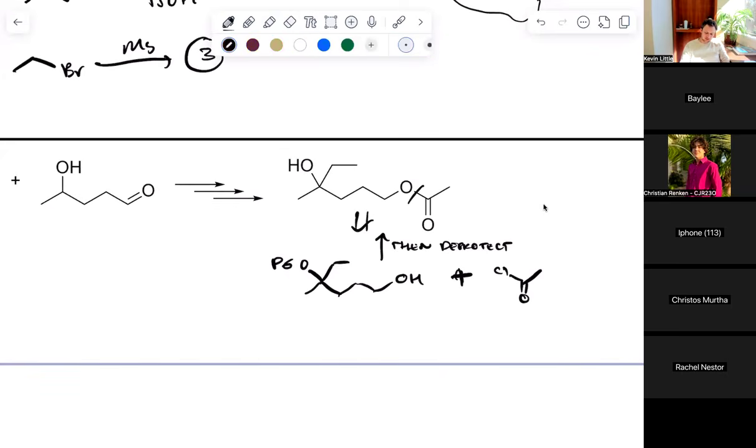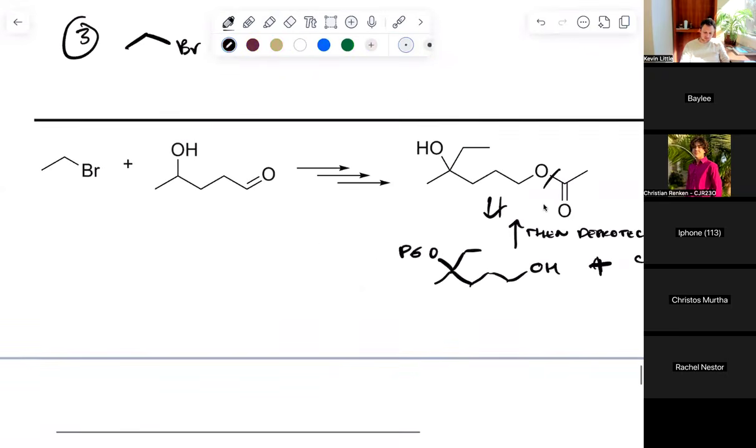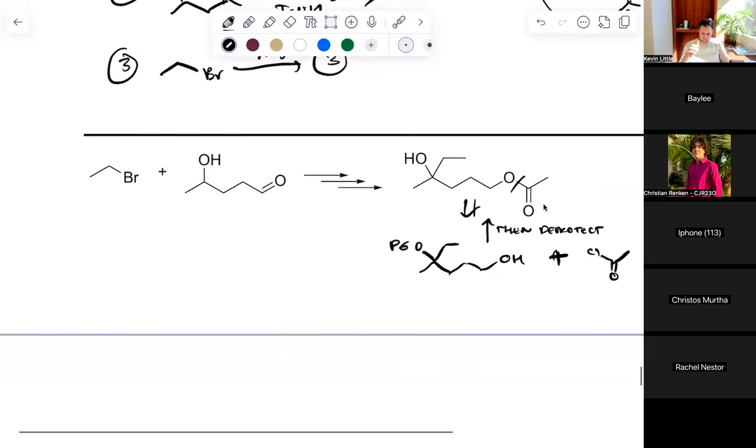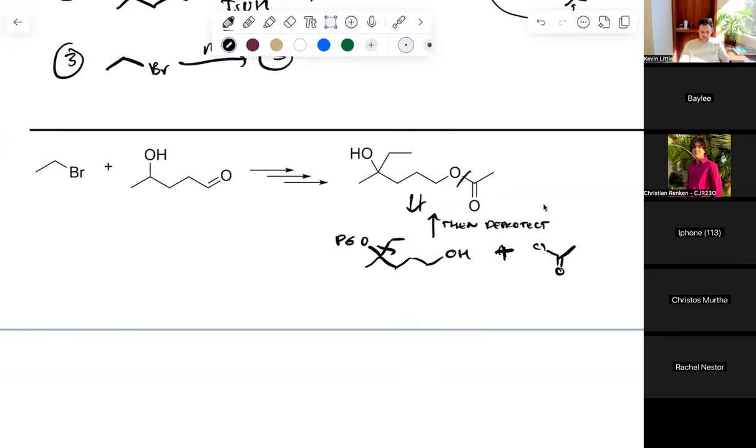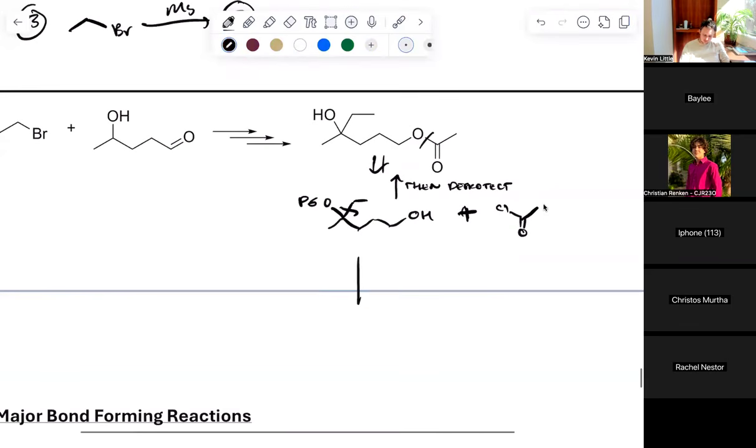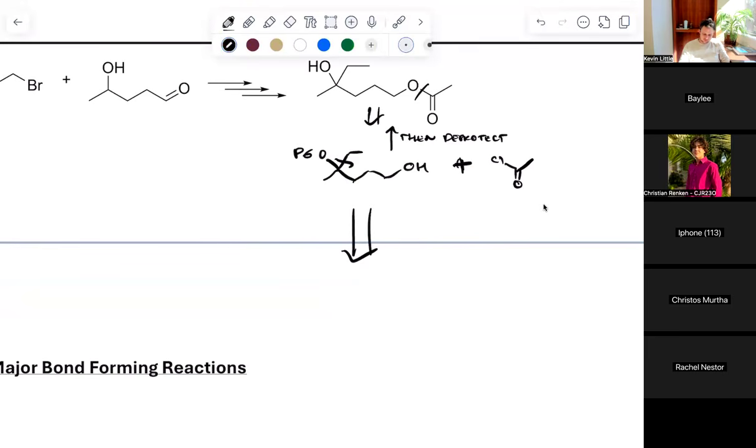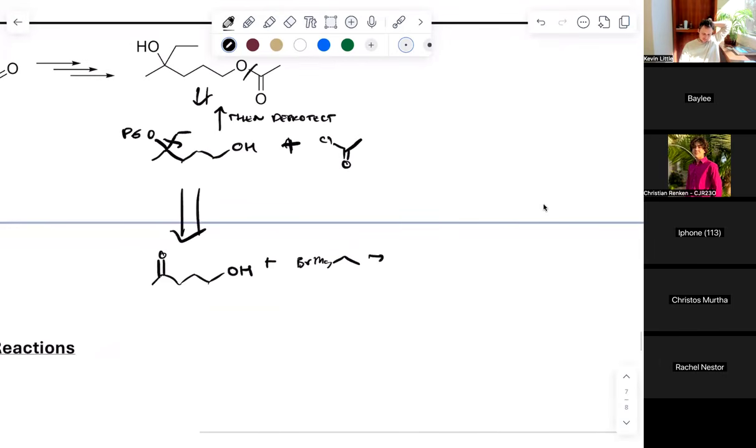Then I'm going to evaluate this on its own merits, and I notice that that was a major bond formation. So that looks like some kind of Grignard to me, which if I draw it out would make this.